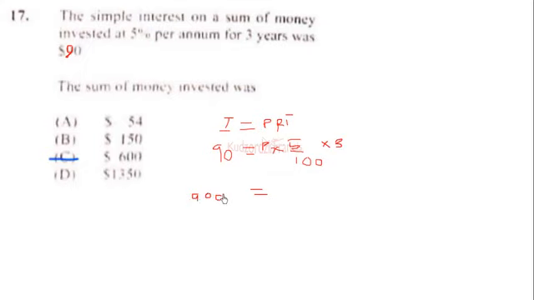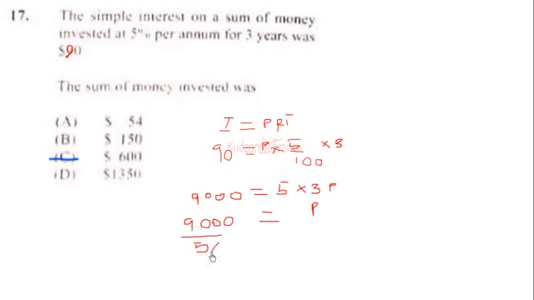Then we divide both sides by 5 times 3, so that P will be equal to 9,000 over 5 times 3.